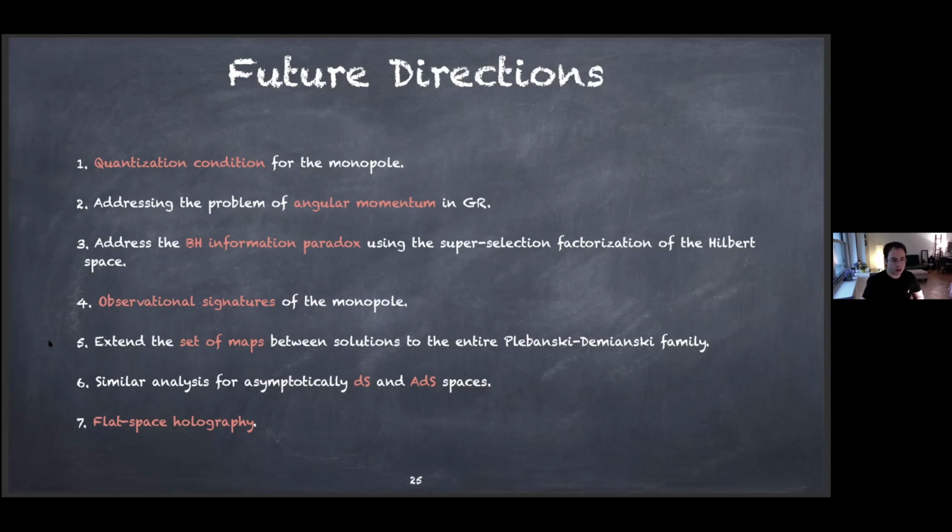It will also be interesting to see what the observational signatures of such a monopole are. And I think that it will be nice to extend this analysis also to spacetimes that are asymptotically de Sitter and anti-de Sitter. And finally, I would also like to understand how this is translated to some dual theory in the sense of flat space-time holography. So I will end here.